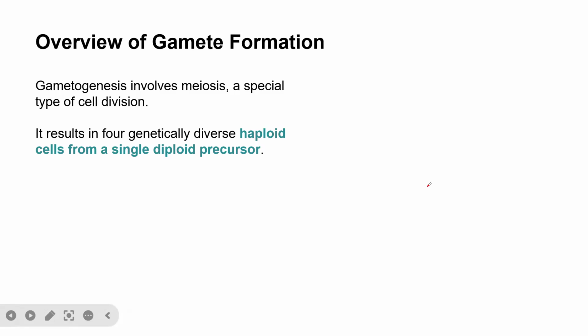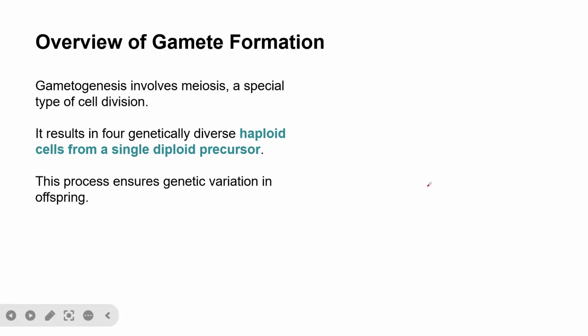It usually results in four genetically diverse haploid cells from a single diploid precursor. So at the end, it involves the formation of four genetically diverse haploid cells.